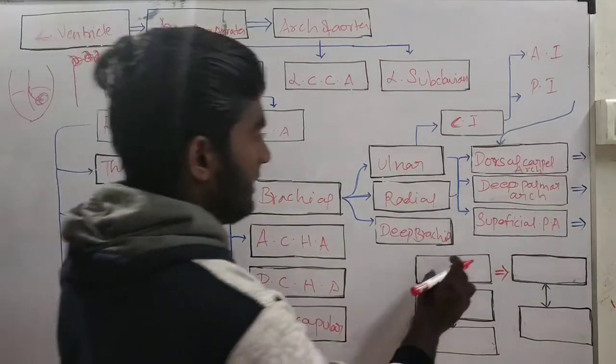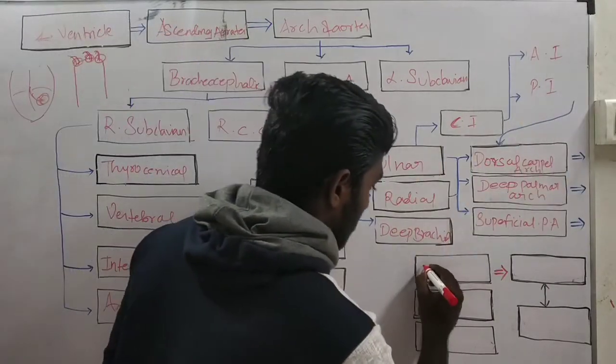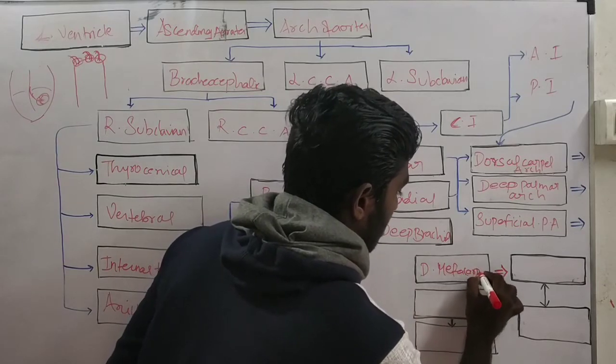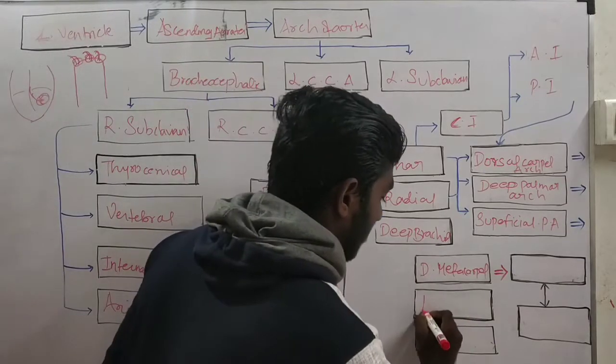From the dorsal carpal arch, it gives the dorsal metacarpal. After that, it gives the palmar metacarpal.